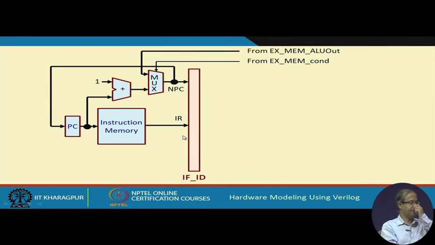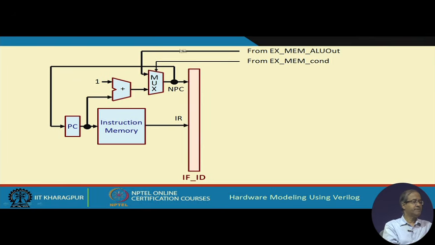Okay? Fine. So, in terms of hardware, the instruction fetch stage will look like this. This will be your IFID stage, instruction memory, IR will be part of this, NPC will also be part of this. And as I said, from the EX/MEM stage, these two signals are coming.